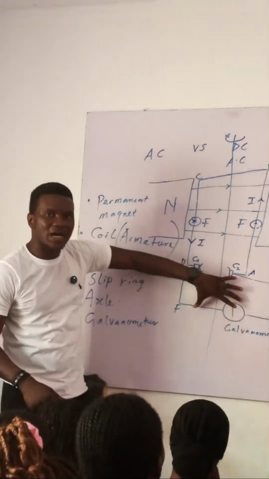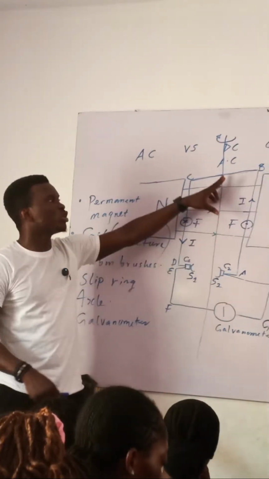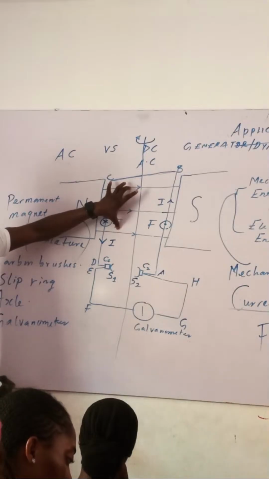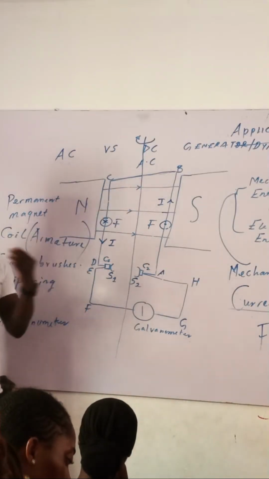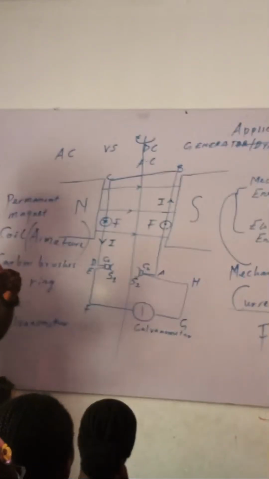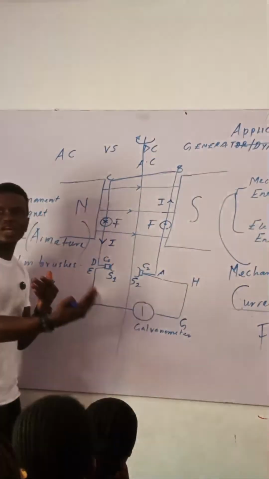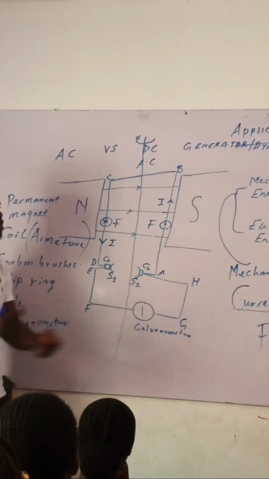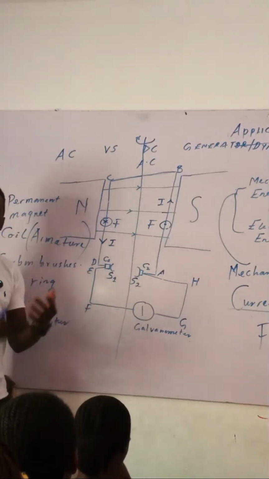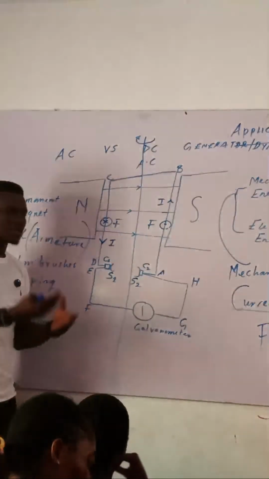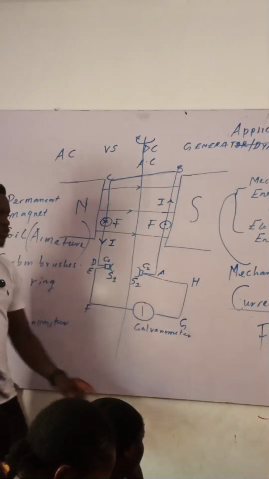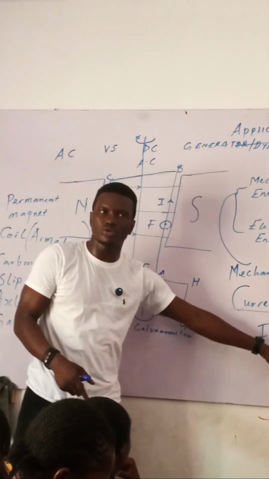Now there's no battery, but I want to rotate the coil so that the coil will cut through the field so that there will be flux. And as much as there is flux, there will be an induced EMF, and that induced EMF will give what we call the induced current. In what direction that current will go is given by Fleming's right-hand rule.